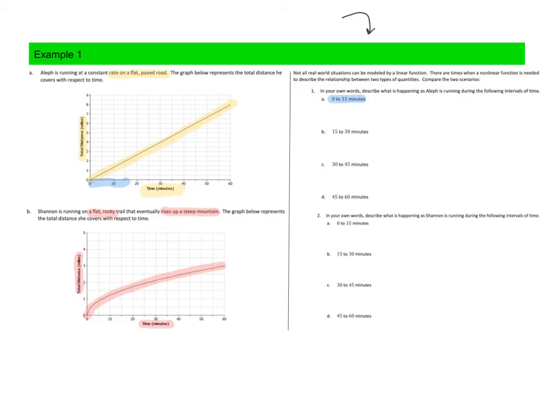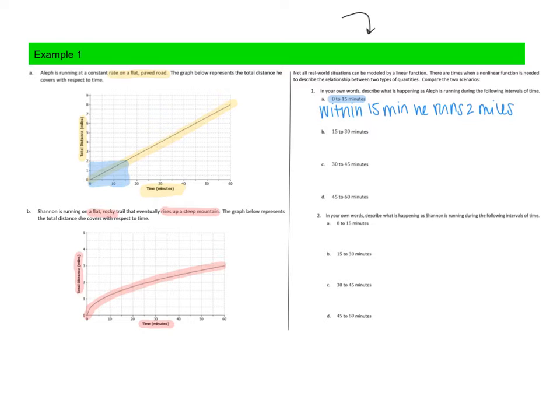Well, within that 15 minutes, he runs 2 miles. It looks like it's a constant speed. He's not increasing or decreasing faster at any point in time. It's just constantly increasing at this rate.